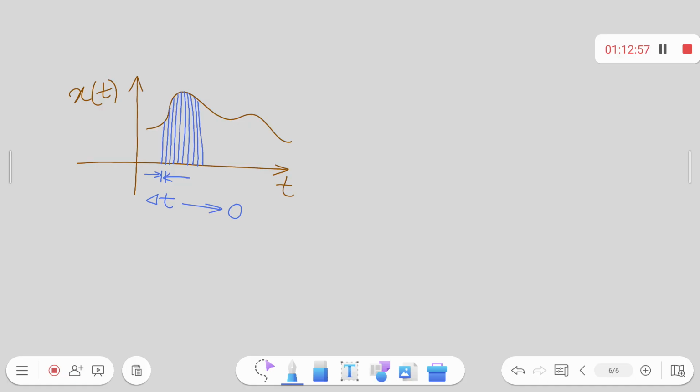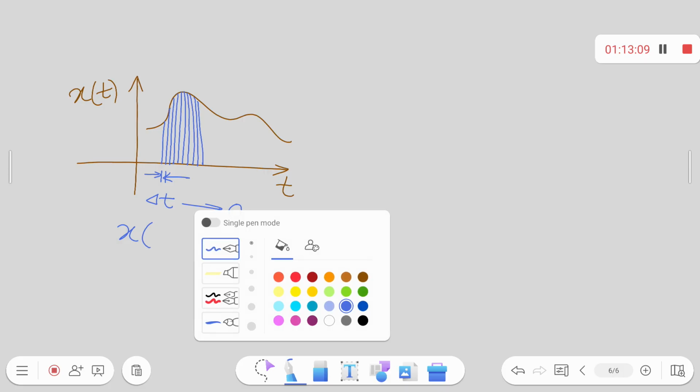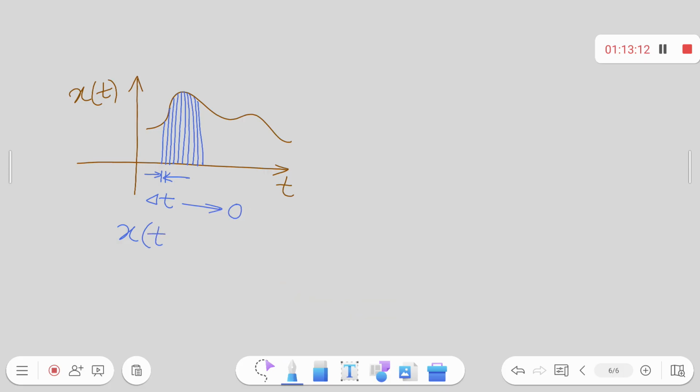It's very small. So that x of t is equal to x of t plus delta t for all t. That means if you make a change of about delta t, the value of x of t remains almost constant.